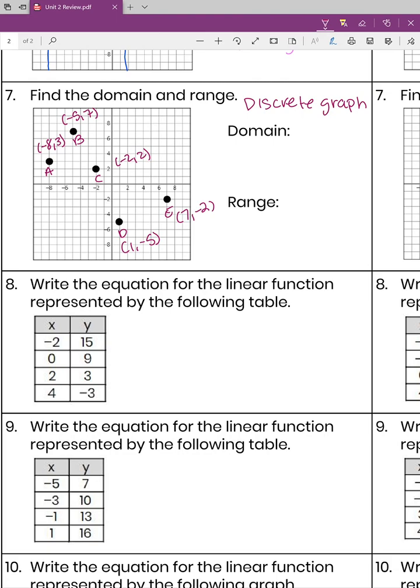So remember, our domain is all our x values. So our domain is going to be -8, -5, -2, 1, and 7. And our range is all the y values. So it's going to be 3, 7, 2, -5, -2.